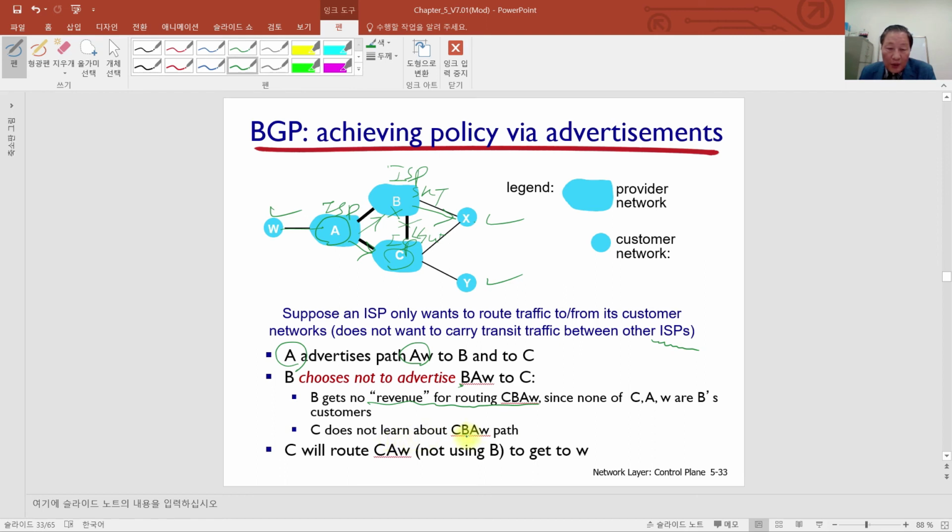C does not learn about the CBAW path. Thus, C doesn't know this information. C will route CAW not using B. Similarly, this one is not providing that information to B. Only that will be provided to its direct customer network.